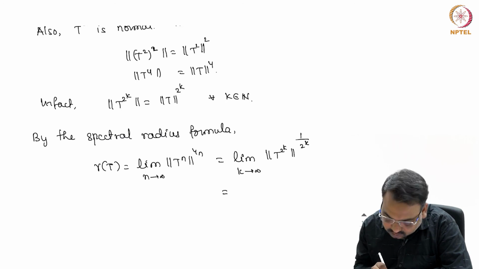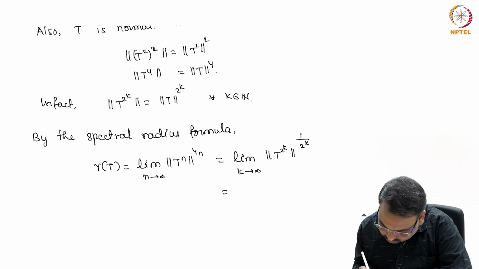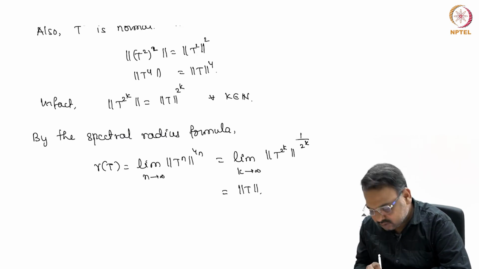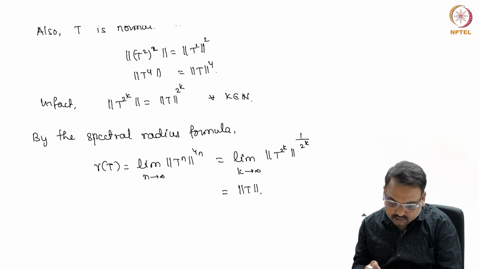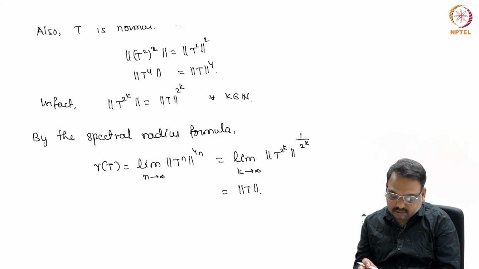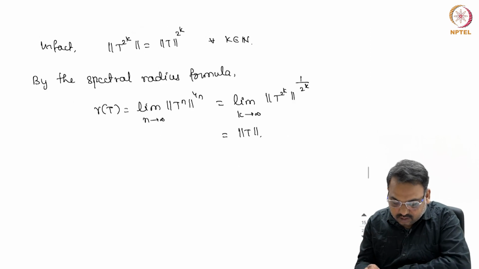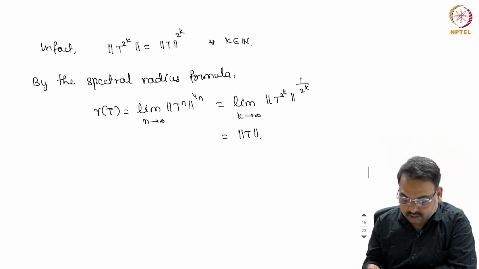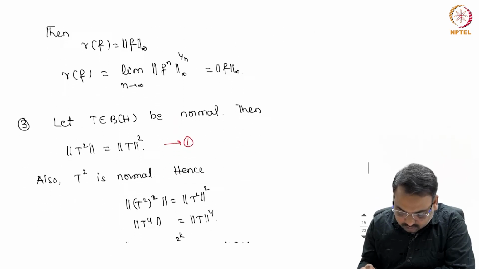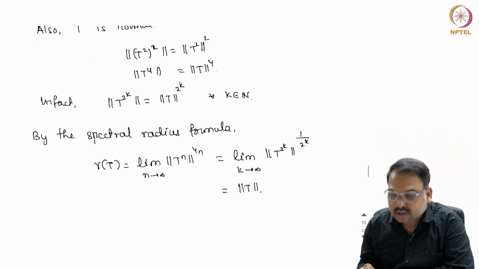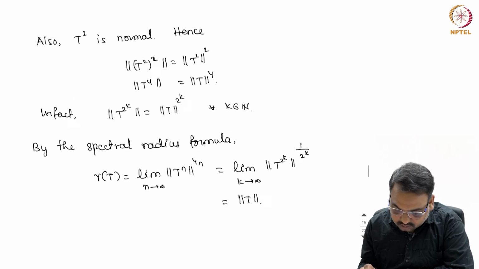So you will get this to be norm T only. So we got a subsequence of indices 2^k such that the limit of that is norm T. Hence we can conclude that the spectral radius and norm T are the same. Okay, so these are some of the important consequences of the spectral radius formula.